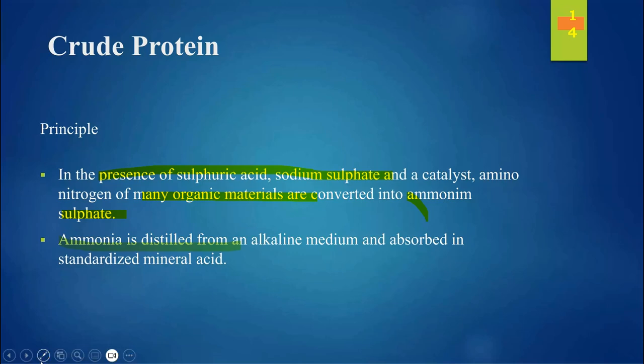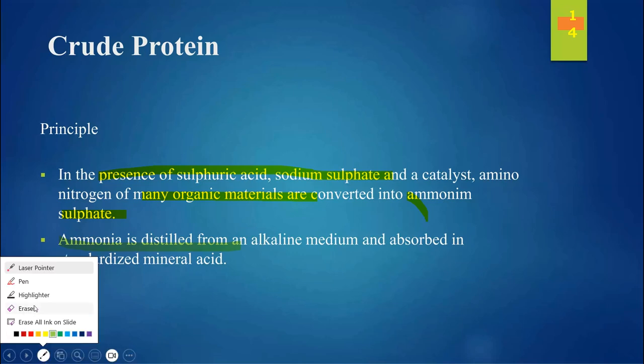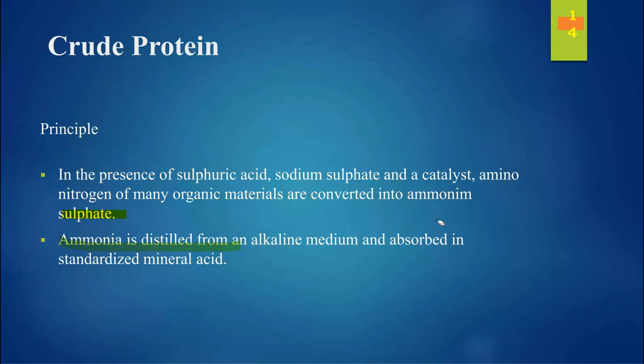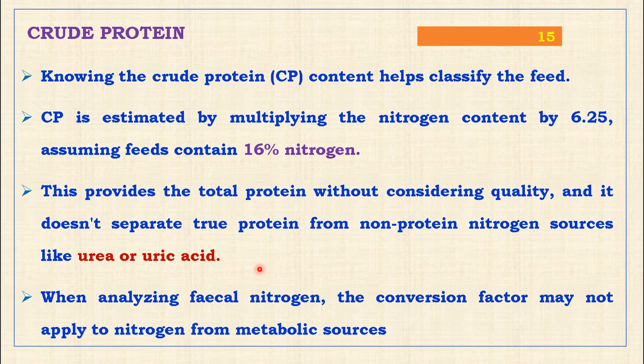The requirement of crude protein is always very high in the case of cattle. Amino acids or polypeptide chains are the building blocks of proteins, and with more crude protein, the quality of the feed always increases. So what does crude protein mean?